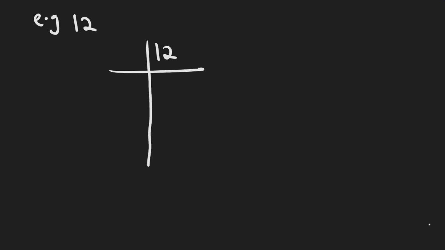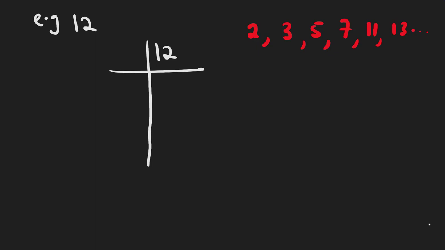So in order to find the prime factors of a given number, the simplest way to do it is this way. Let's use 12 as an example. You are going to write 12, draw a line. Remember, we said that the prime numbers are 2, 3, 5, 7, 11, and 13, and so on.